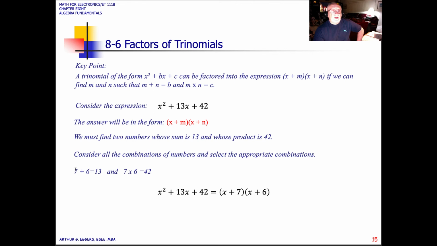The last step in your text shows that 7 plus 6 equals 13, and 7 times 6 equals 42. So putting it in the form of x plus m times x plus n, we have x plus 7 and x plus 6 as our factored values for the trinomial x squared plus 13x plus 42.